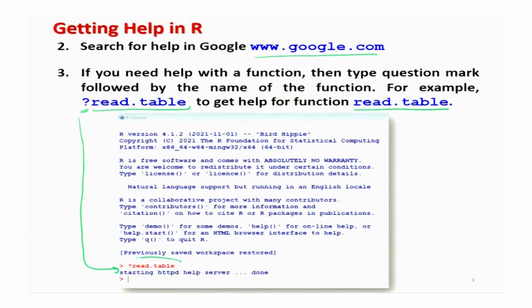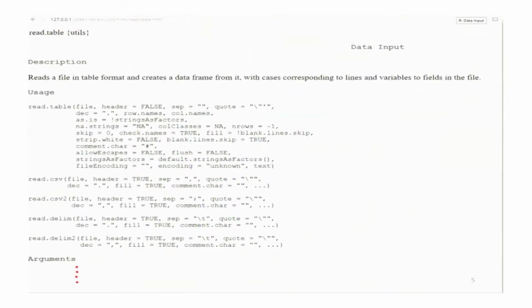Here I am writing question mark read.table, and after that you simply press enter, and I will show you what will happen. This will go to the help server of the R software, and you will see that it will give you all the information, complete details about this read.table command.